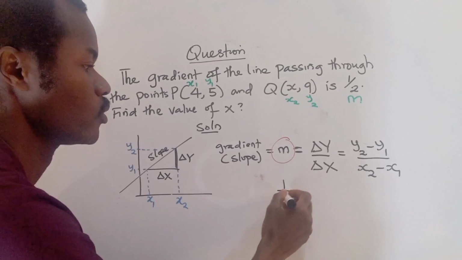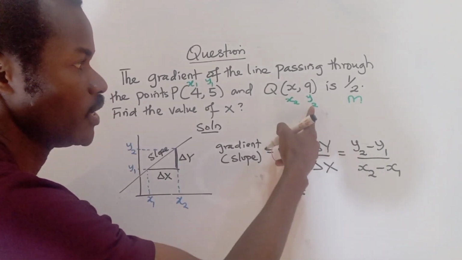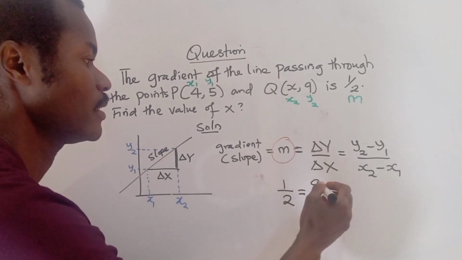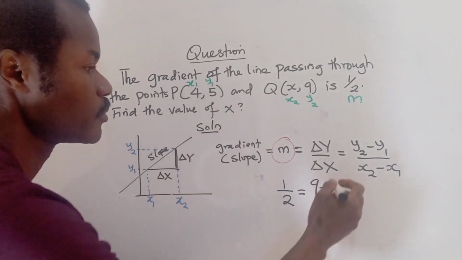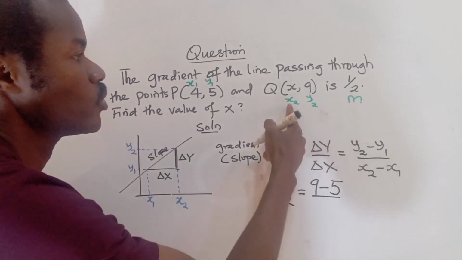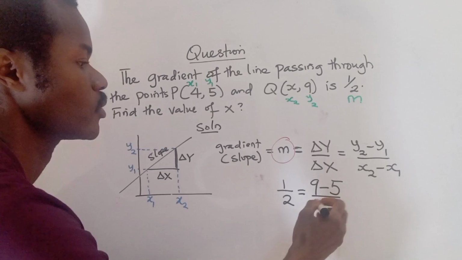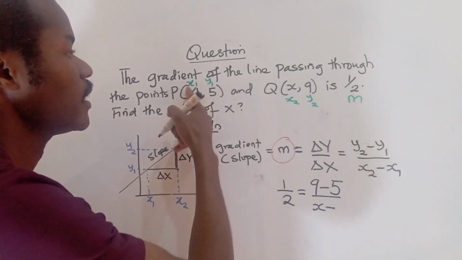So we have 1 over 2 equals, our y2 here is 9, so 9 minus our y1, which is 5, divided by our x2, which is x, what we are looking for, minus our x1, which is 4.